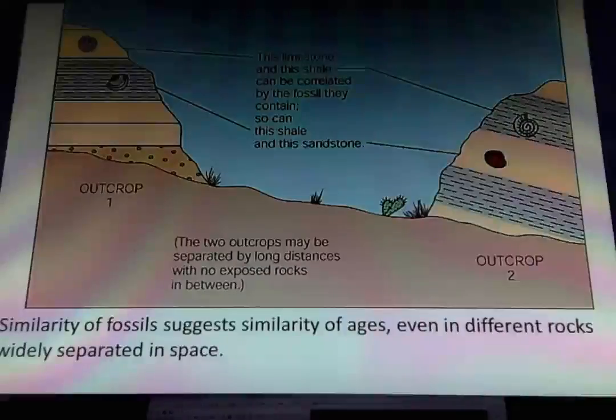So the same type of fossils are contained in the limestone on one outcrop and the limestone on another outcrop, and the same fossils are within the shale in one part of the outcrop and the shale in another part of the outcrop. So it is using evidence like this that people first put forward the idea of continental drift, tectonic plates moving, dragging entire continents apart.